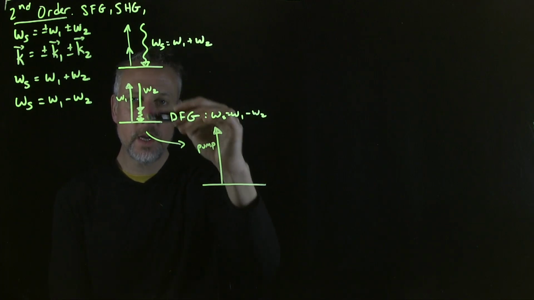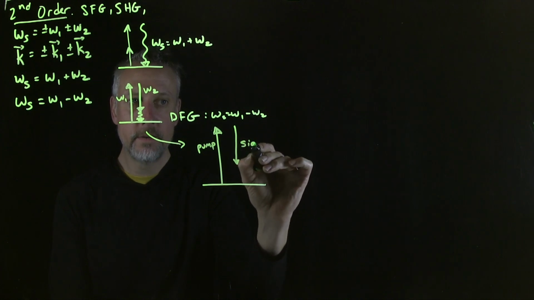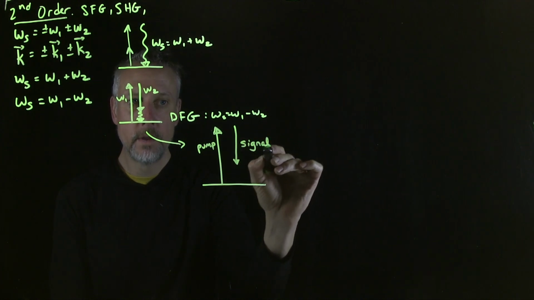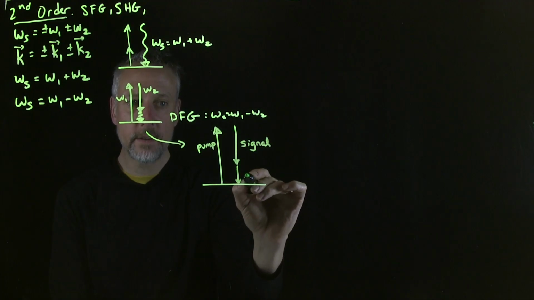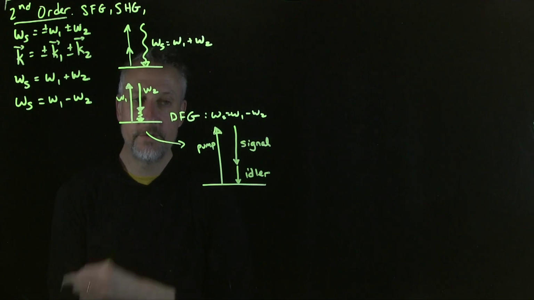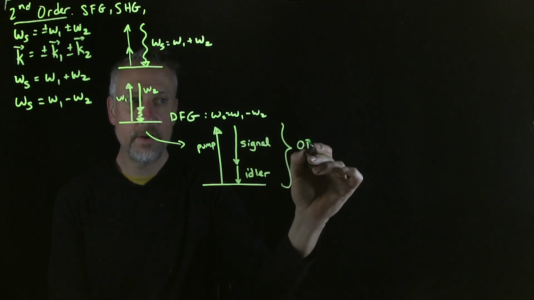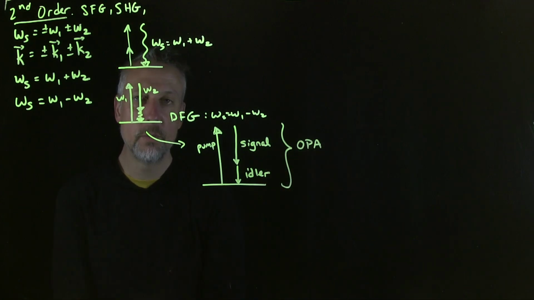Then of the 2 that come down, the higher energy one is called the signal. And then the littler one is called the idler. All right, and if you use this terminology, then we typically call this thing an optical parametric amplifier, OPA.